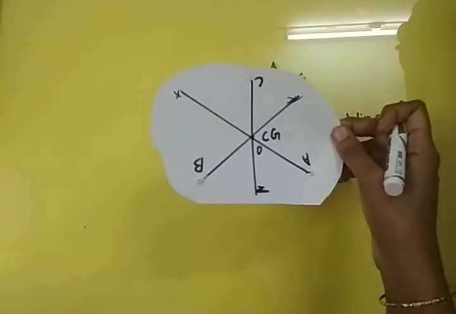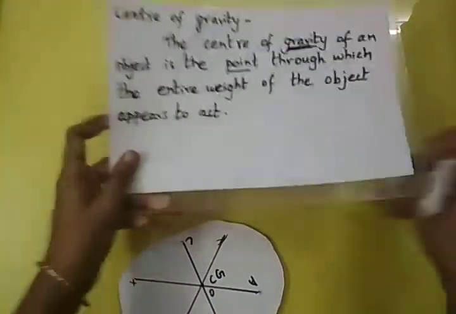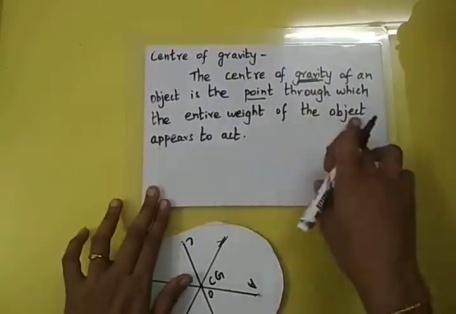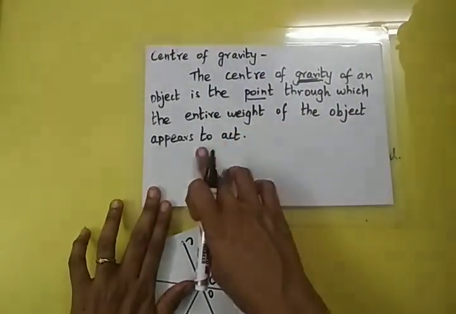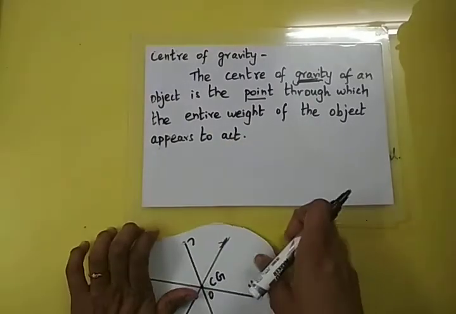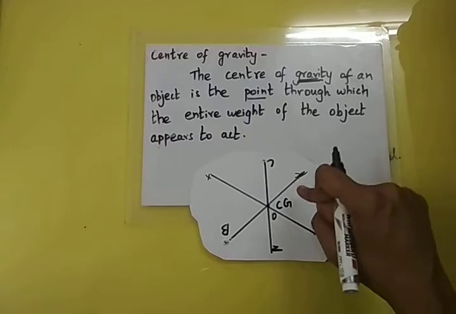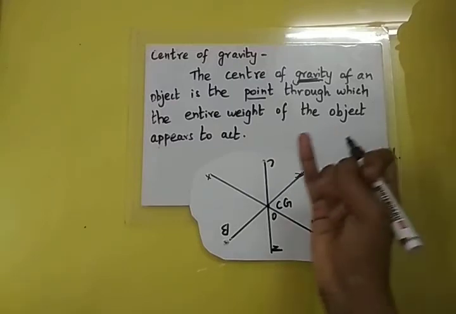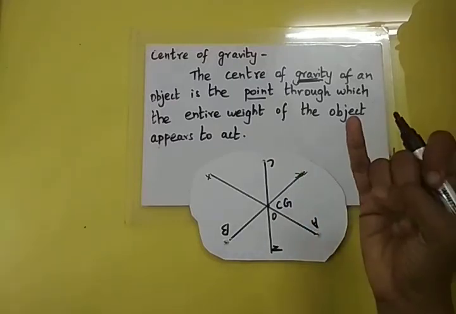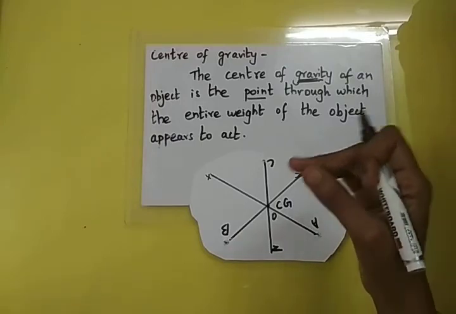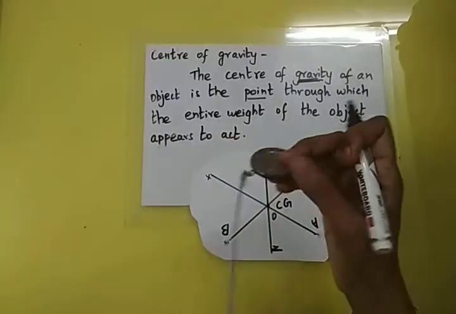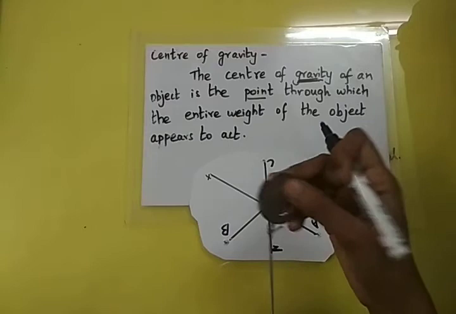So let us recall the definition of center of gravity. The center of gravity of an object is a point through which the entire weight of the object appears to act. We have learned just now how to find the center of gravity of an irregular surface using a plumb line, a string attached to a metallic bob, which is usually used by carpenters and masons.